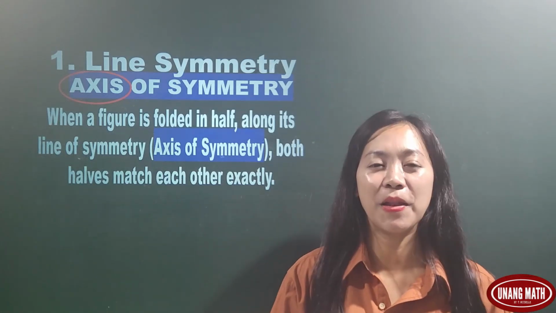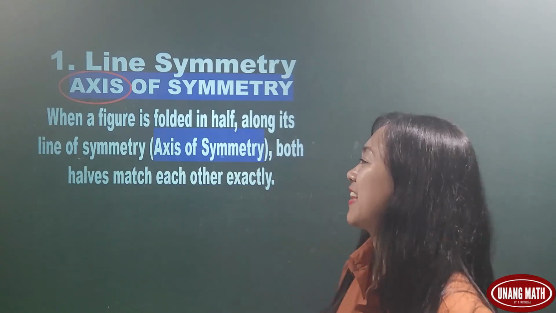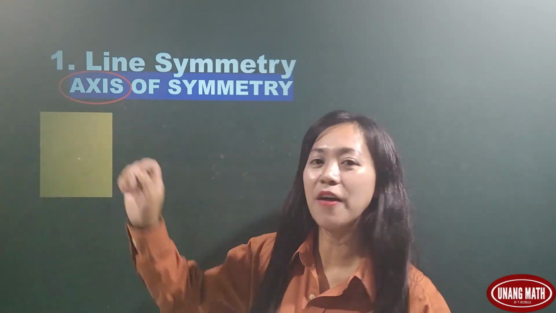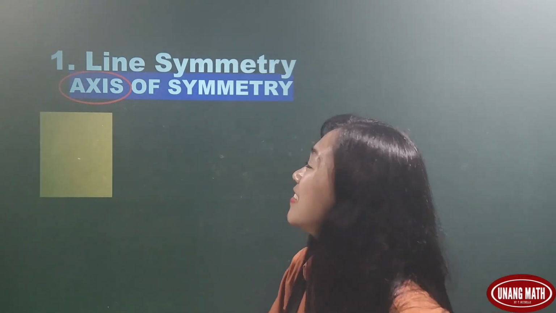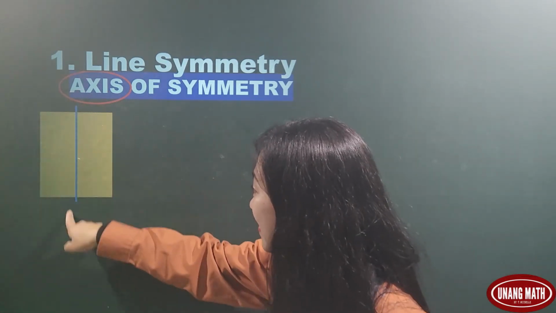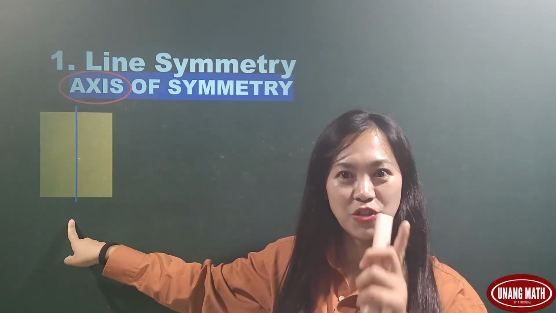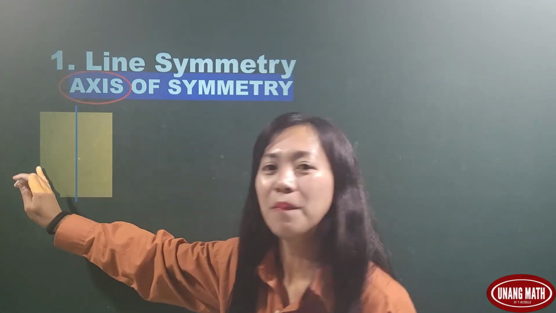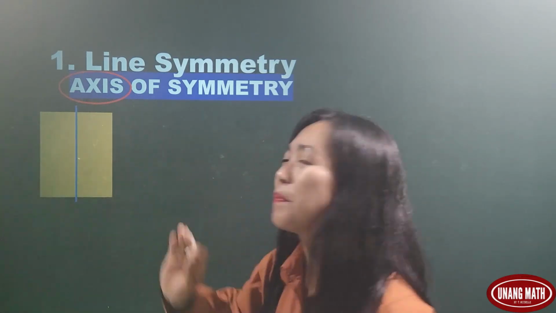So, magbigay tayo ng halimbawa para makita at maintindihan ninyo. Let's say, for example, ang figure na ito. Okay, ang axis of symmetry or ang line of symmetry nito ay pwede sa part na ito. Which means, ang part na ito ay equal lang sa part na ito.